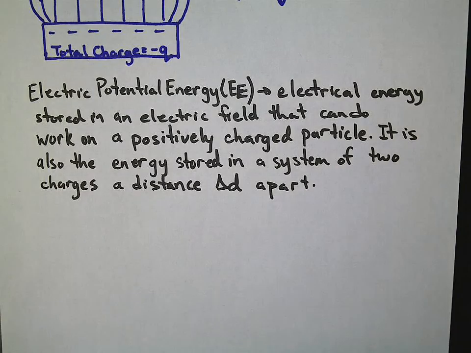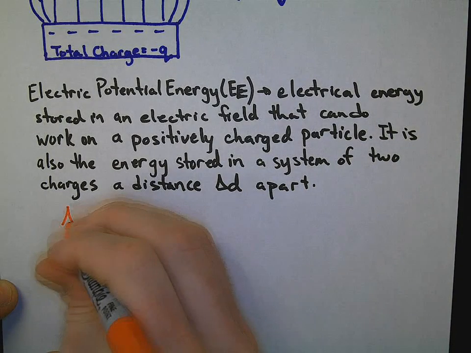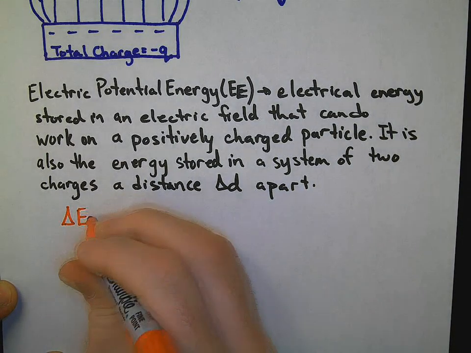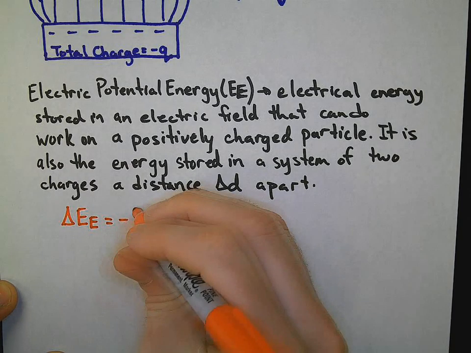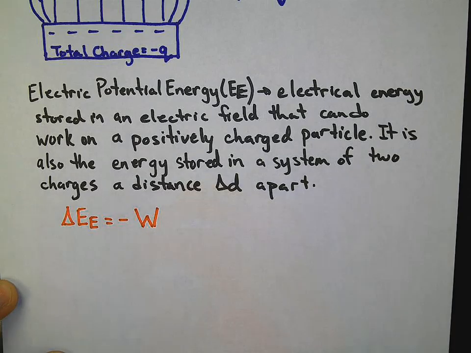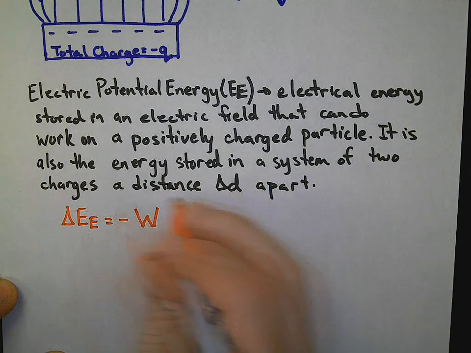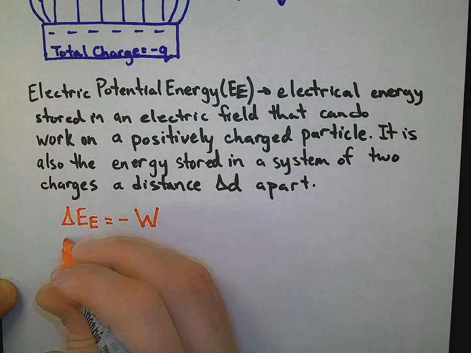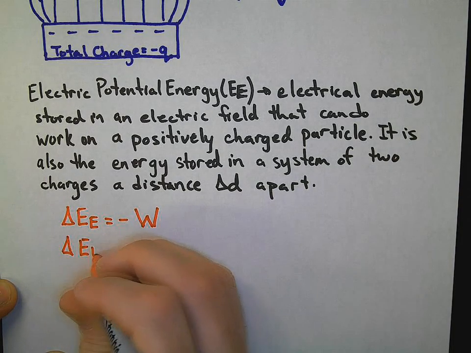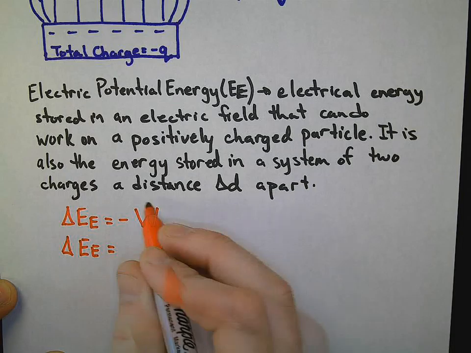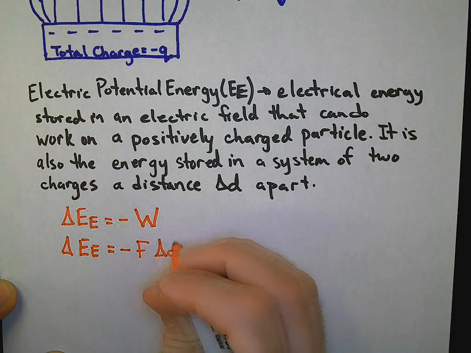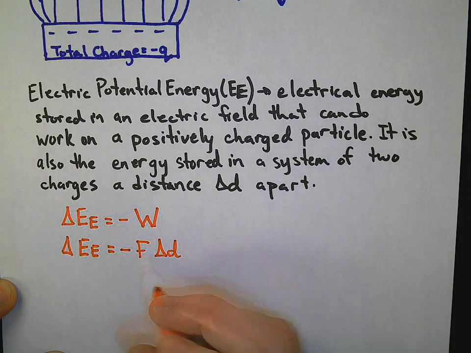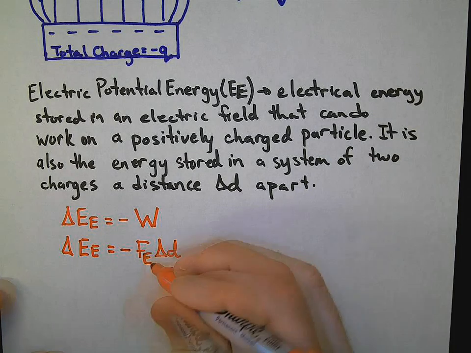So very easily, we know that our change in electric potential energy is going to be the negative work. Substituting in the negative work, or the work, sorry, that is, work is the same as our force multiplied by our distance, and in this case we have an electric force, so we can make that substitution.